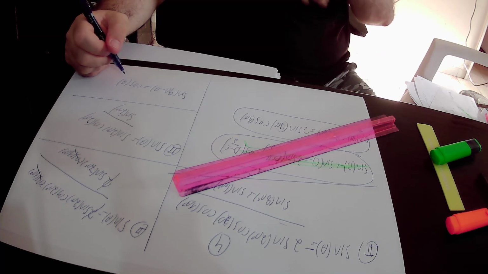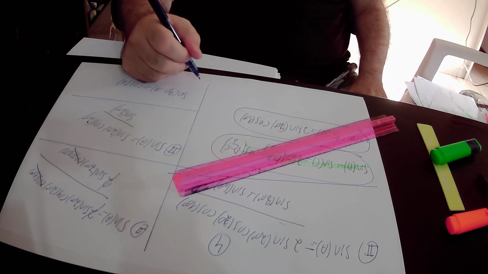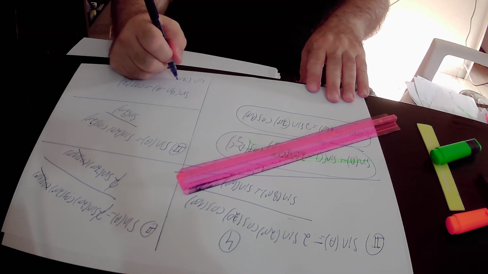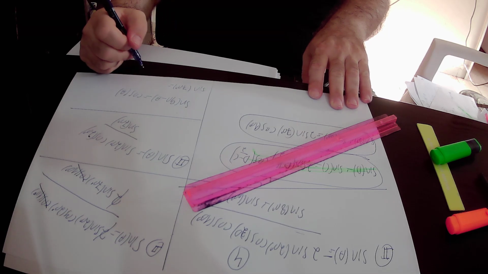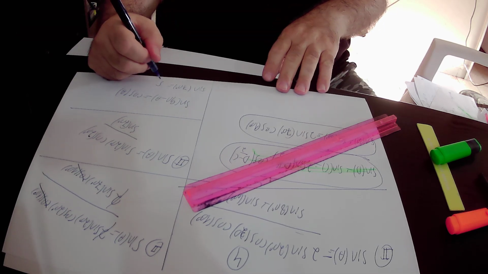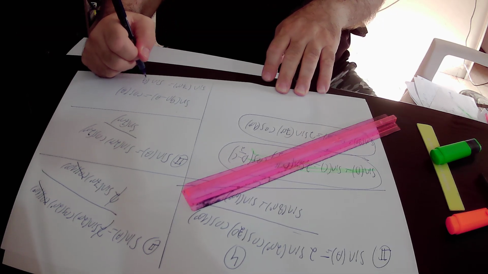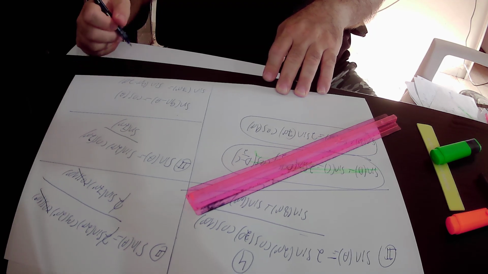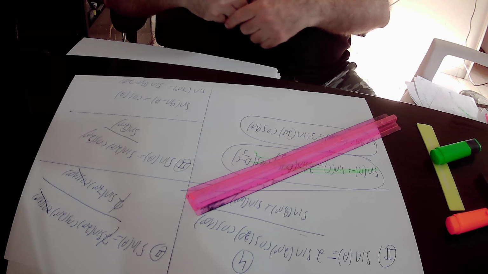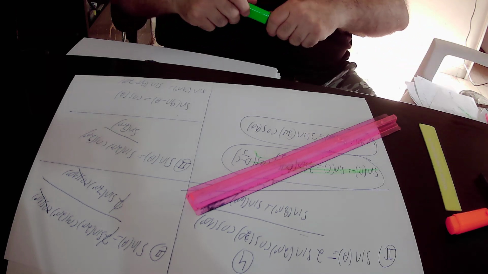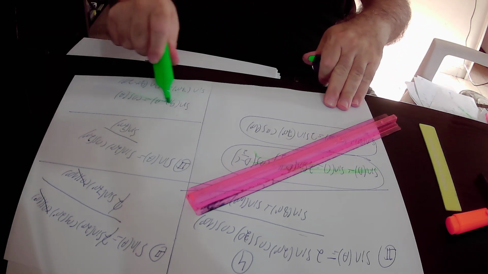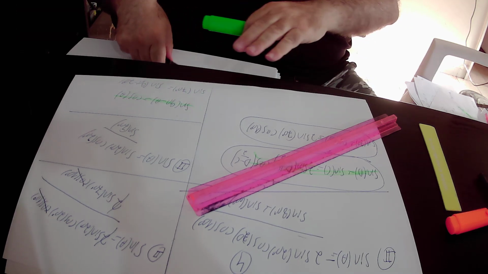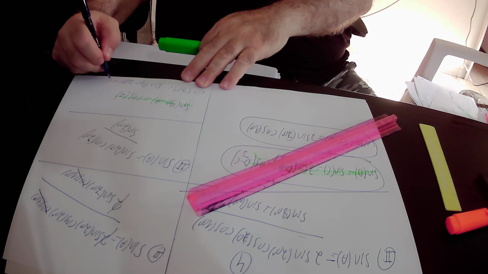According to this identity, sine 70 degrees equals sine of 90 degrees minus 20 degrees, which equals cosine 20 degrees.